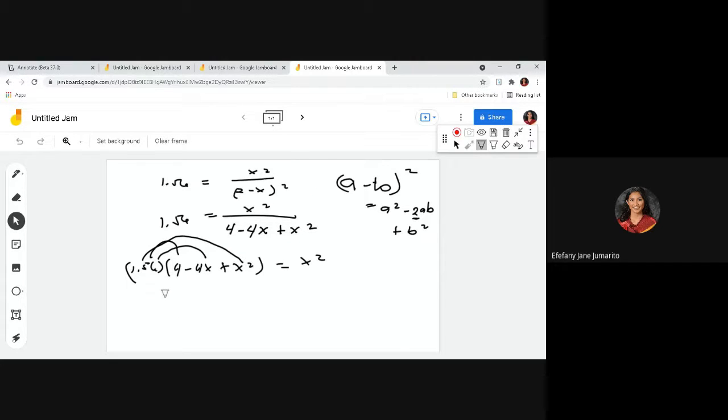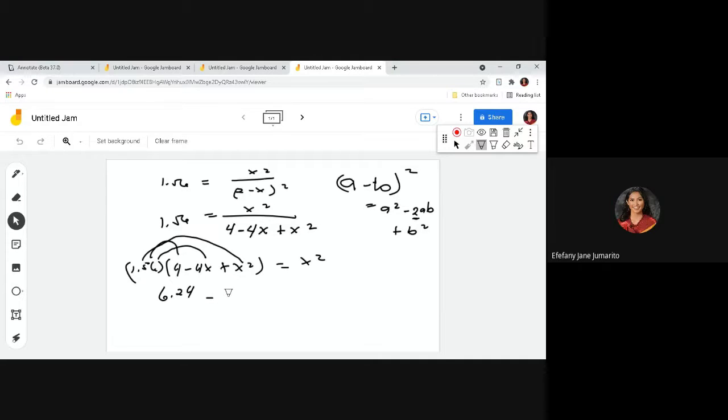This will become 1.56 times 4, which is 6.24. No problem, class. Now that it is one straight line, it becomes an equation. Yes, ma'am.